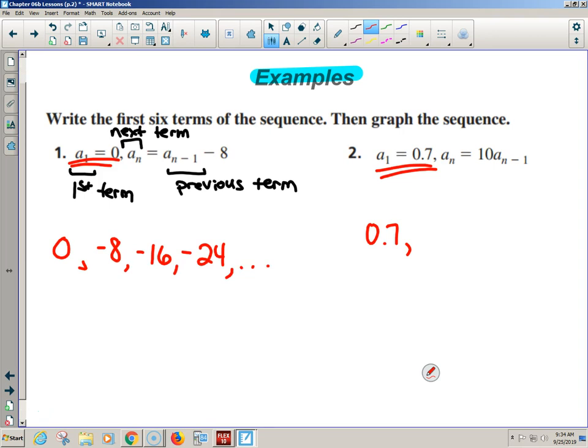Starting here, to get to the next term, what do I do to the previous one? You want to draw a box. That's the previous term. What do I do to get to the next term? I have to take that previous term and... So we did that?